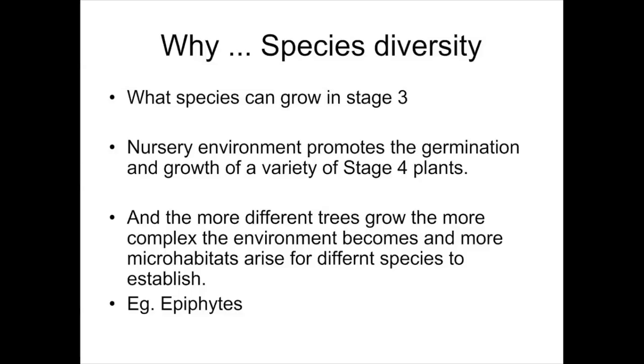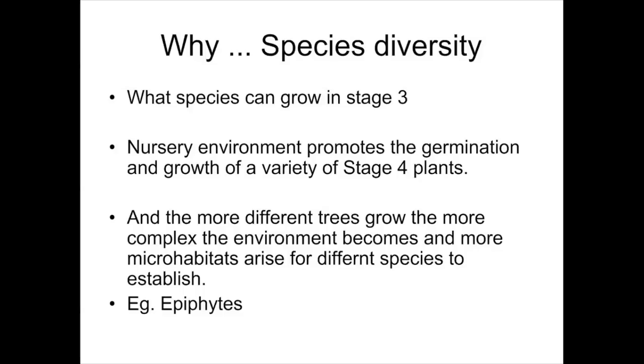The second point, why is species diversity higher in a Stage 4 than in a Stage 3? Okay, so let's think about what plants can grow in a Stage 3. We've got our Kanuka, we've got our Manuka, we've got our grasses and mosses and a couple of shrubs, okay?